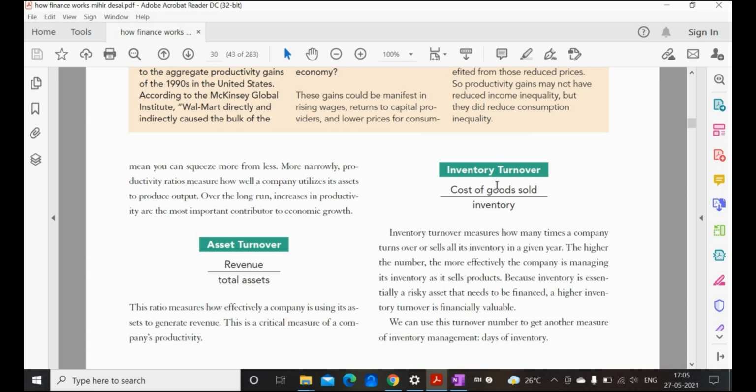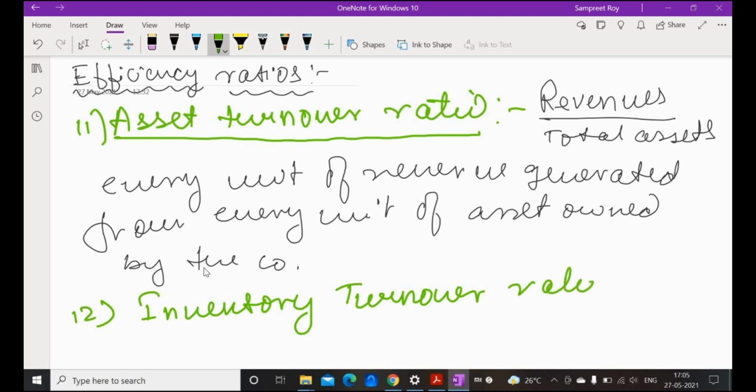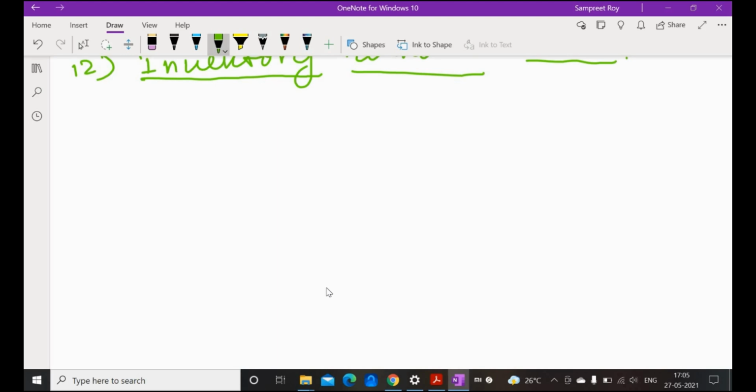Next ratio that we have is inventory turnover ratio, which is cost of goods sold by inventory. Right, cost of goods sold by inventory.